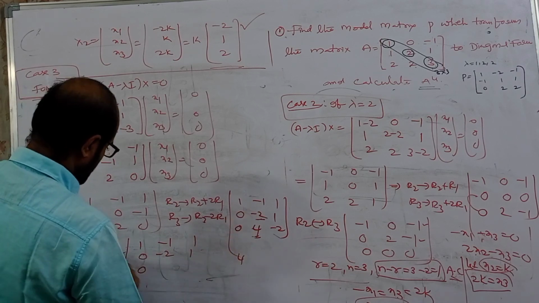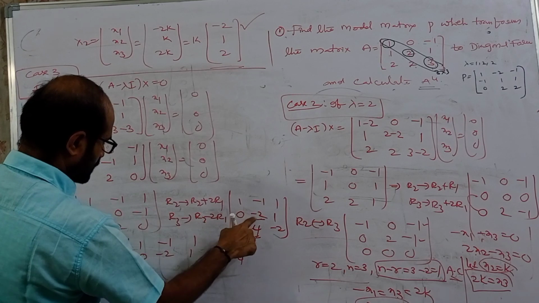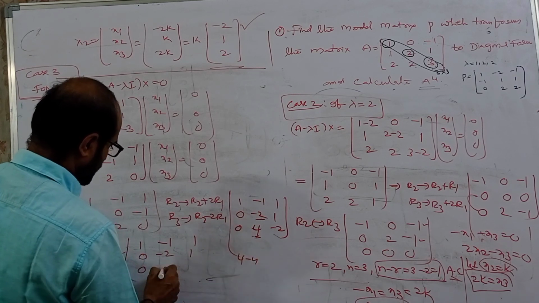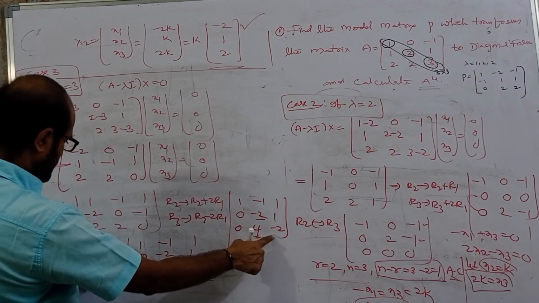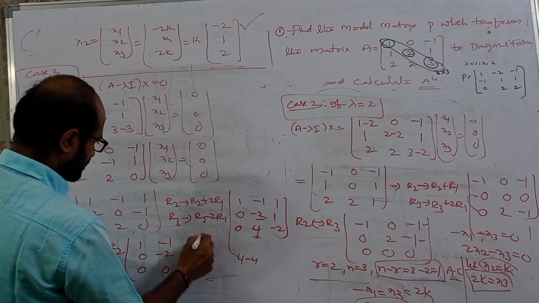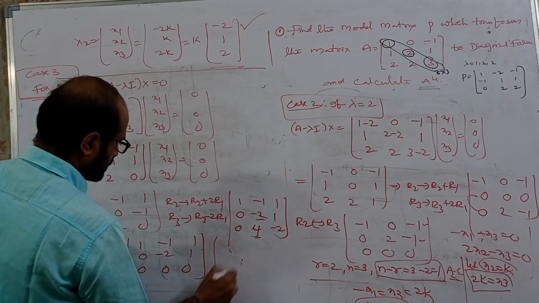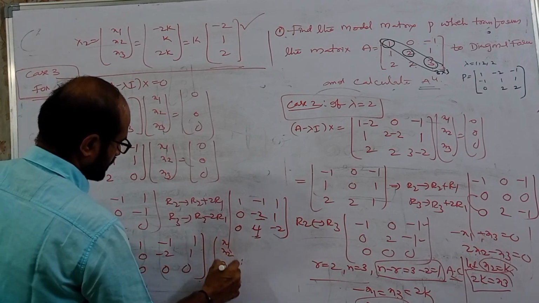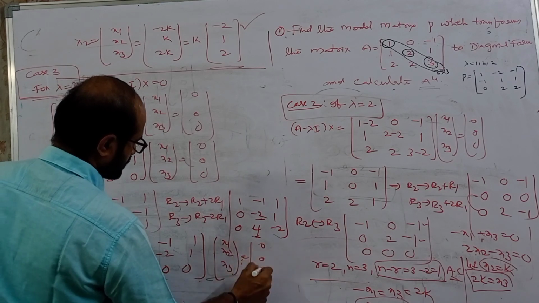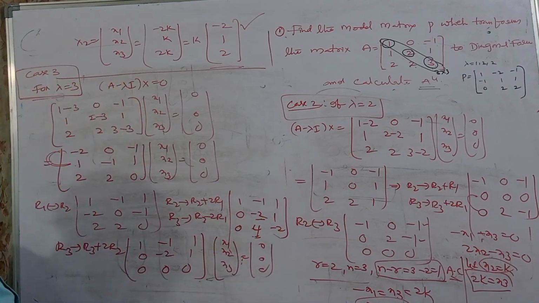R3 is 4 plus 2 into R2, 2 into minus 2 means minus 4, it is 0, right? Are you getting? R3 minus 2 plus 2, this is also 0. Finish. Into x1, x2, x3 which is equal to 0, 0, 0, right?